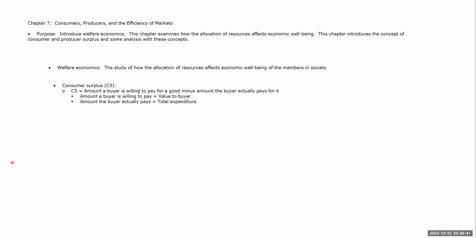We're going to talk about consumer surplus in two ways: with the market demand curve and with the individual demand curve. First, we're going to talk about the individual demand curve.